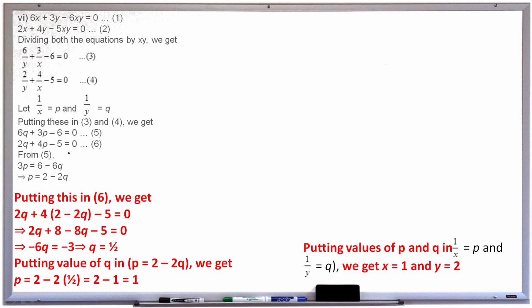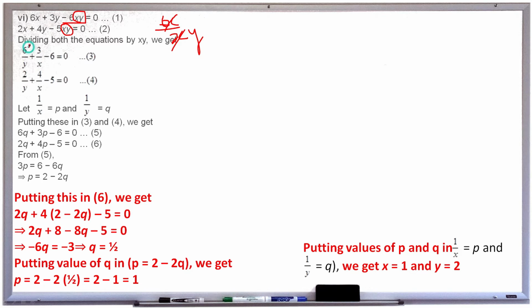Question number 6. Again xy, you can see when you divide the whole equation by xy, you can change the equation in terms of x and y into standard form. 6x divided by xy, x will cancel, so 6 by y.